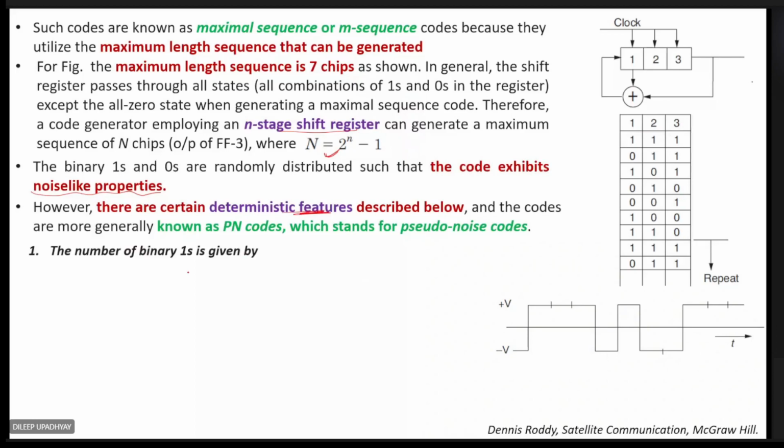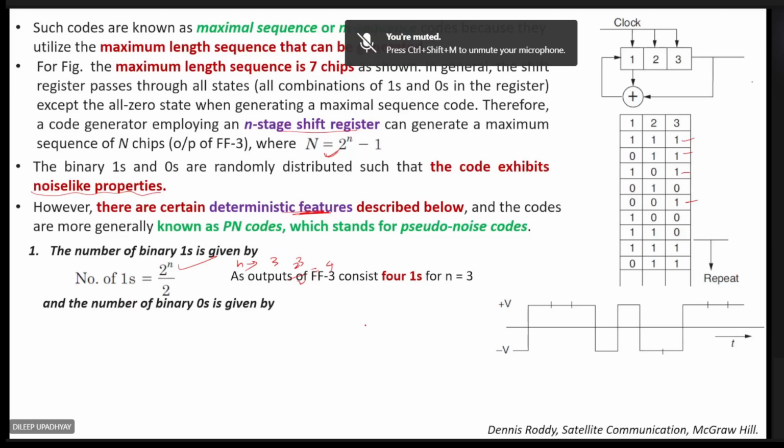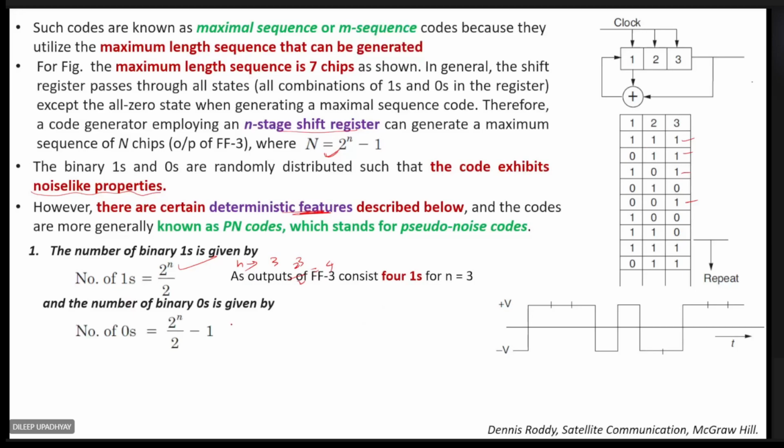The first I've already described, that is the number of binary 1s. The number of binary 1s is given by 2 to the power n by 2, where n is the total number of shift registers. So in this particular case n equals 3, that is 2 to the power 3 by 2, which is 4. Let's say we are getting 1, 2, 3, 4 ones. Similarly, the number of zeros will be 1 less as compared to the number of ones.